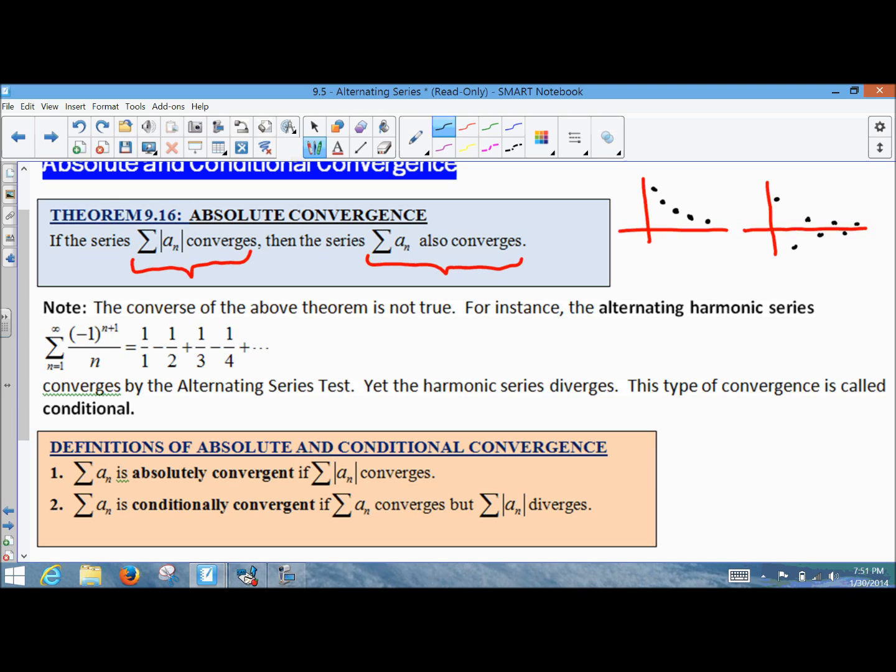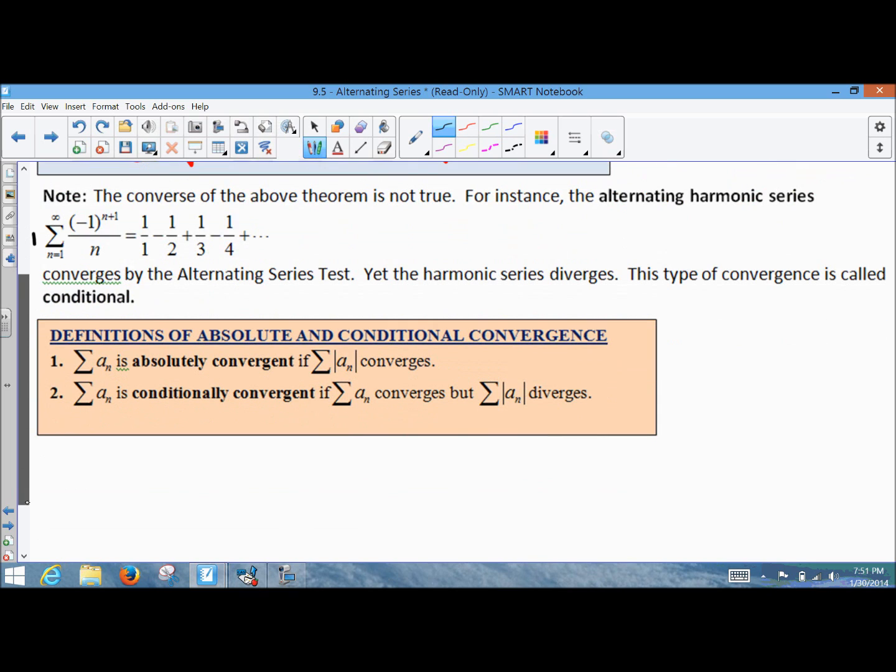So that's going to be a pretty prevalent concept here. And then I've got the definition here of absolute and conditional convergence.